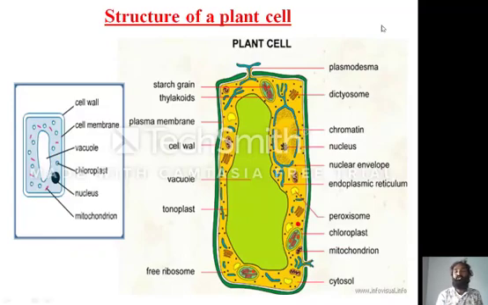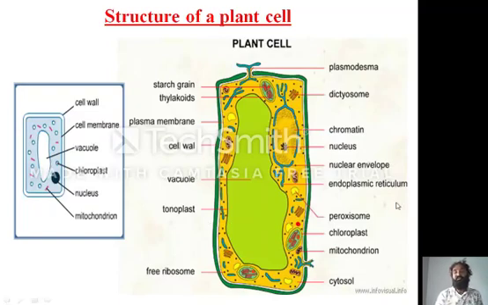Then dictyosomes, also called Golgi bodies, and plasmodesmata, which help in connection with other cells, and chloroplast that contains starch grains and thylakoids, the plasma membrane and cell wall, the vacuole covered with a tonoplast, and ribosomes. These are the various organelles present in the plant cell.